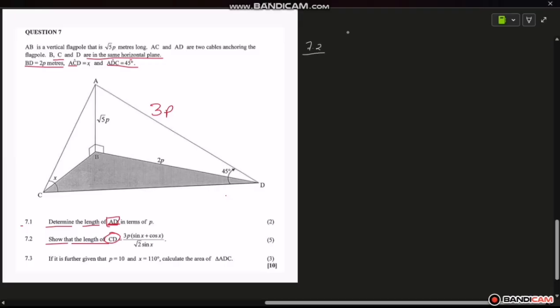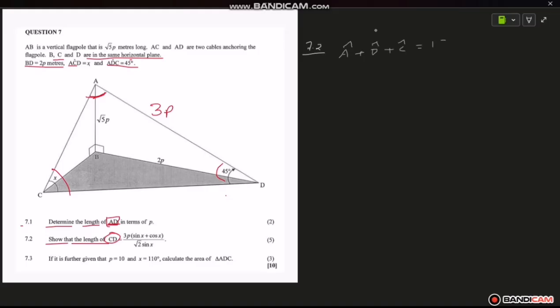7.2. What we have here, the angle, we don't have angle A, but we have angle D and angle C. Therefore, we can actually add all of them. Angle A plus angle D plus angle C form 180, the sum of angles in a triangle.